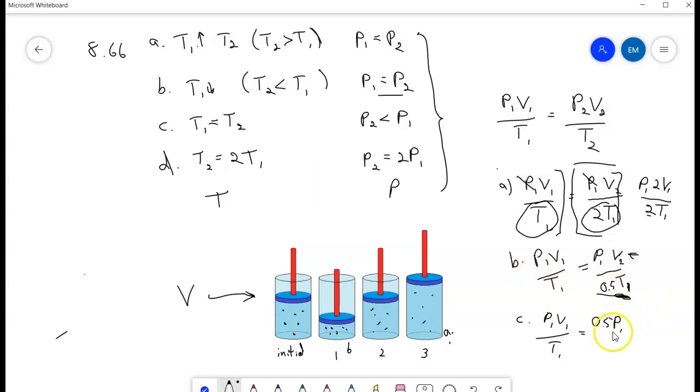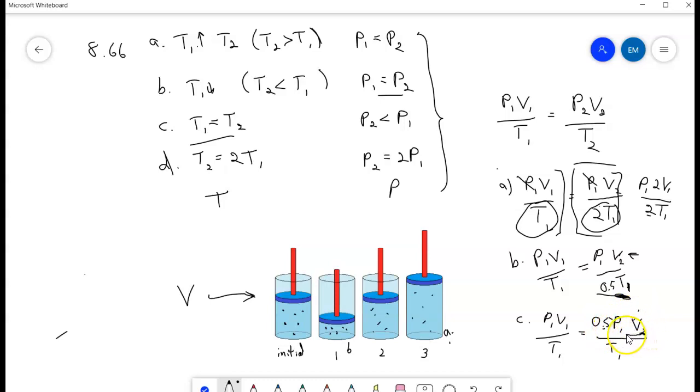Or maybe it won't change. Okay, so P1, and now let's put V2 in here. And T1 is equal to T2. Remember, we're working on C now. So what do we have? We have reduced this product here.